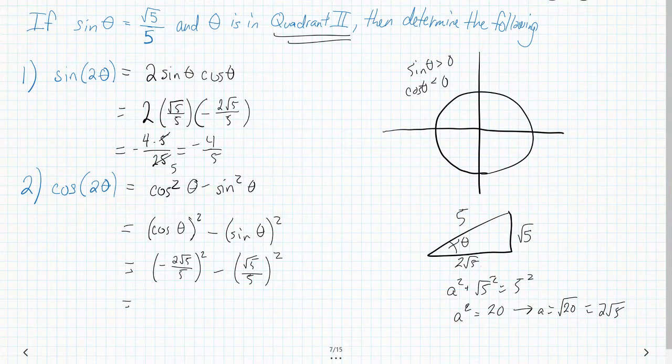Okay, so this equals, your negative will go away in the first one, so this becomes 4 times 5 all over 25 minus 5 over 25. Okay, and so your 5's will cancel, by the way, and leave you with 5 down below. And so this whole thing should equal 3/5.